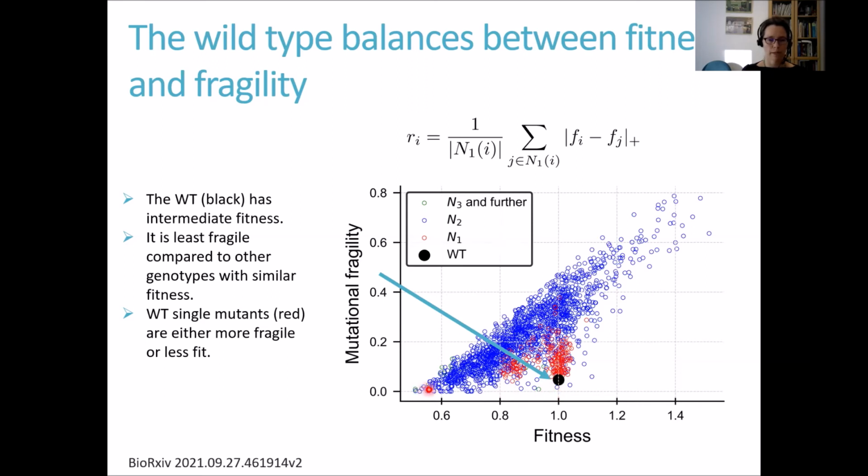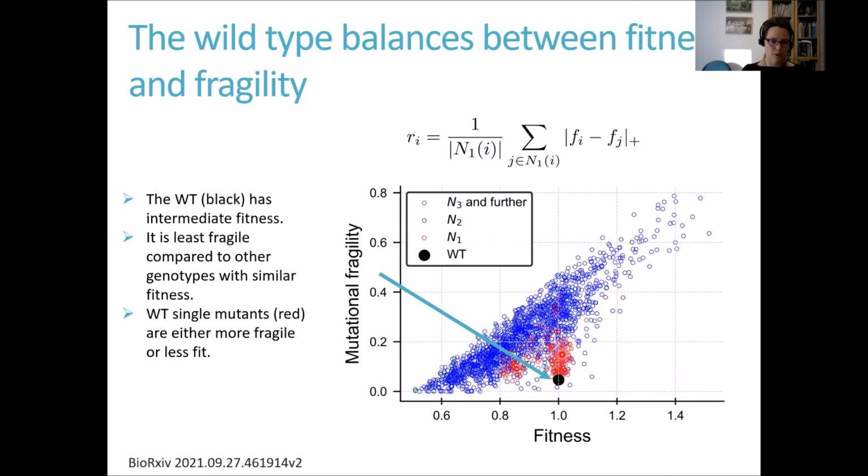It shows some balance between fitness and fragility. It is not the very lowest in fragility, but amongst the relatively low fragility genotypes, it is one of the fittest. And then looking at this axis, if we look at genotypes that have similar fitness value to the wild type, then amongst them, it is one of the least fragile.